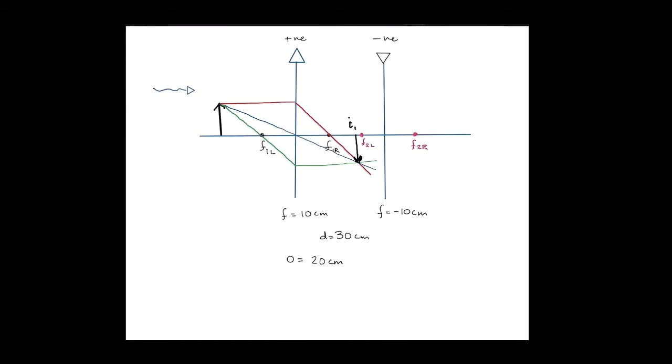It has to start parallel to the optical axis. It hits the optical axis. And since this is a diverging lens, a negative lens, it diverges away. And how much of it diverges away depends on F2 left. So that is my P2 ray.